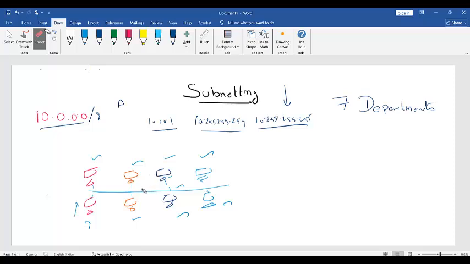But when I do subnetting, the story changes. We cannot connect through a switch, rather we will have a router.